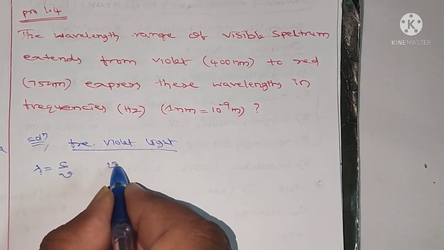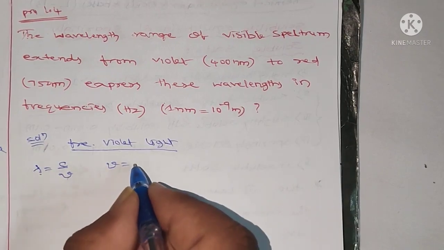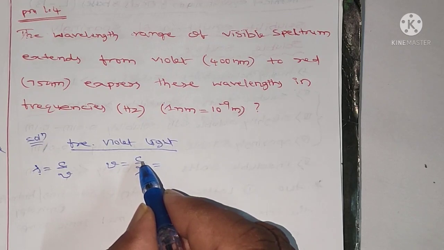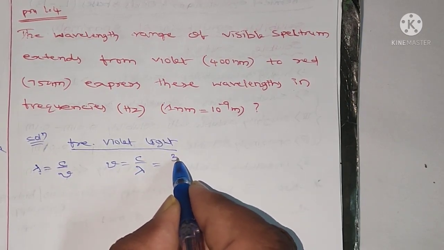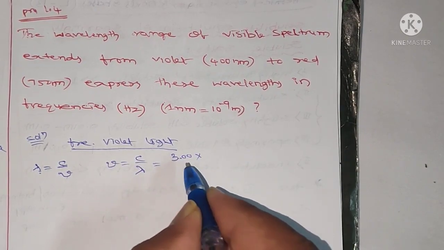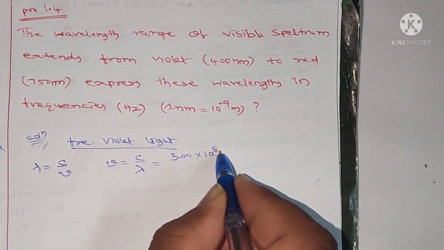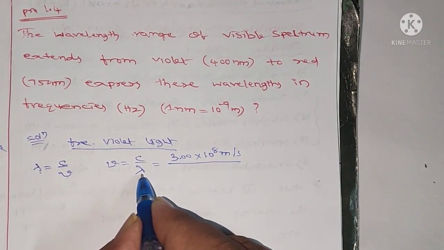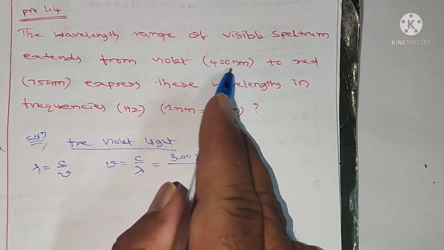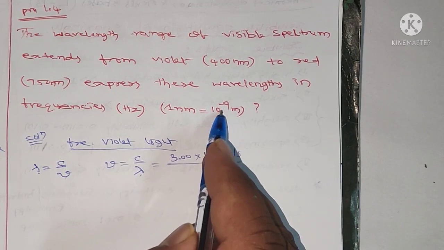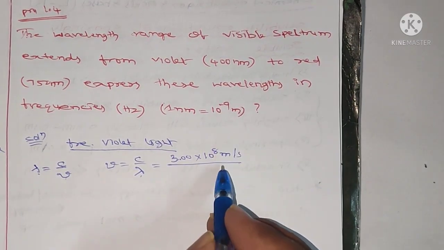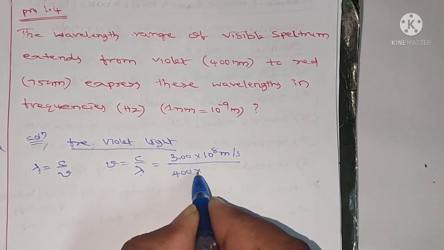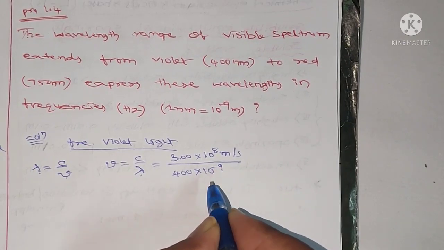So nu is equal to c by lambda, which is the velocity of light, 3.00 into 10 to the power of 8 meters per second, divided by the given lambda, 400 nanometers. 1 nanometer is equal to 10 to the power of minus 9 meters, so we have to take it in meters: 400 into 10 to the power of minus 9 meters.